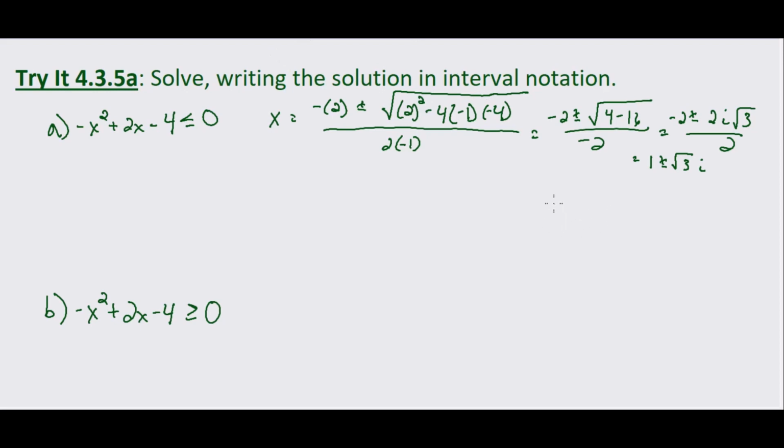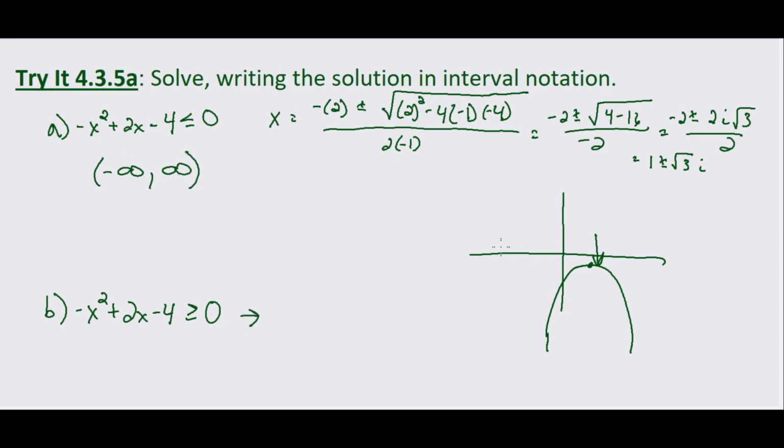If we graph it, it's going to end up looking something like this, which means it's always less than or equal to 0 because all of it is contained below the x-axis. So in interval notation, since it's always going to be less than or equal to 0, that means negative infinity to infinity.